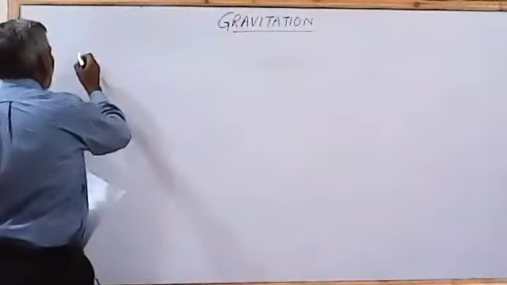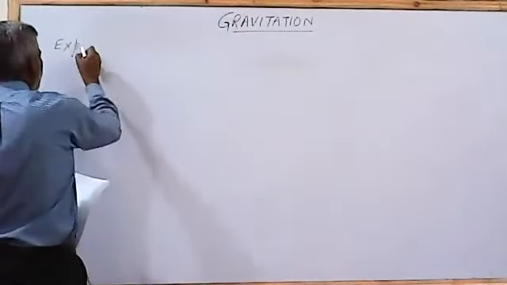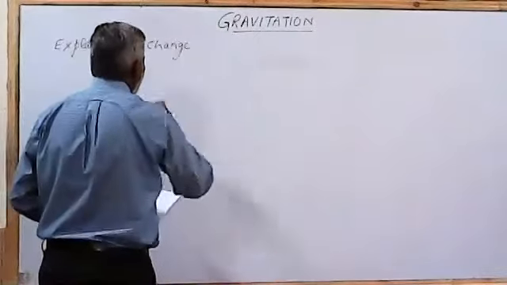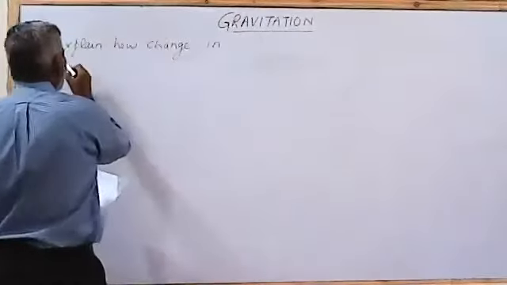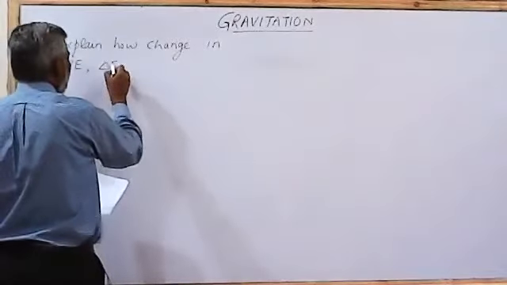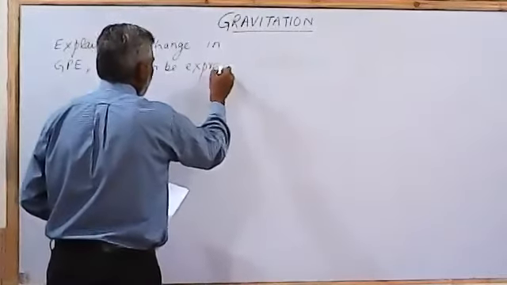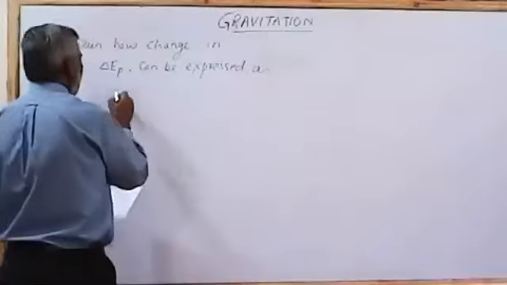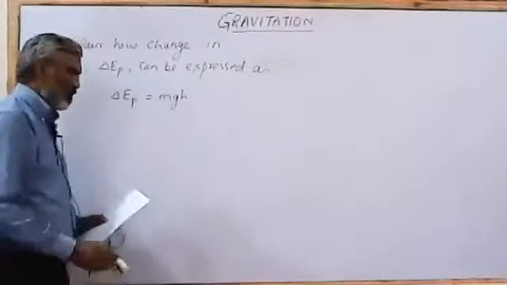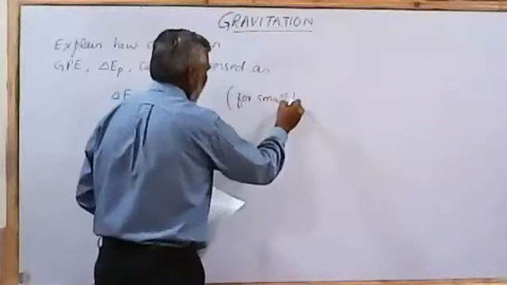For example, they have asked a question to explain how change in gravitational potential energy, which means delta EP, can be expressed as equal to mgh if height is small, for small values of h.